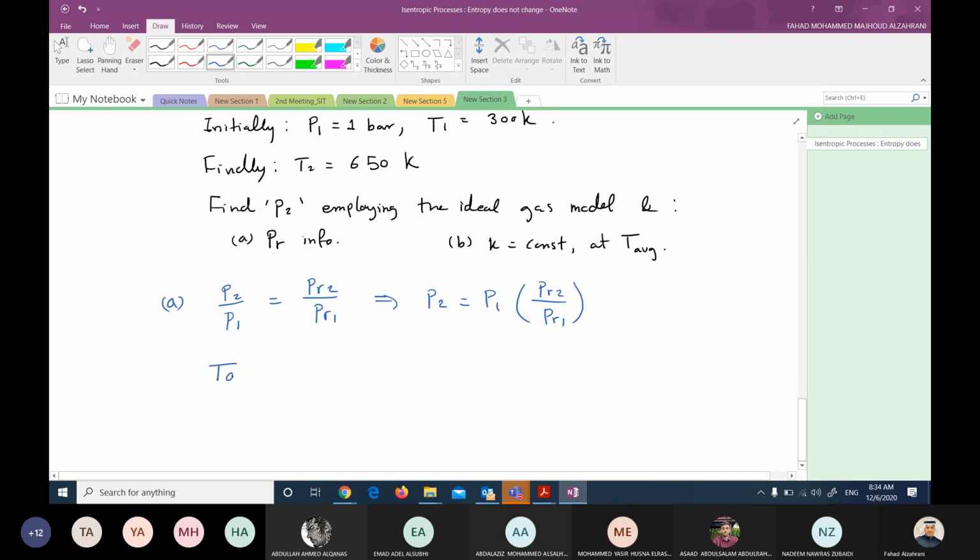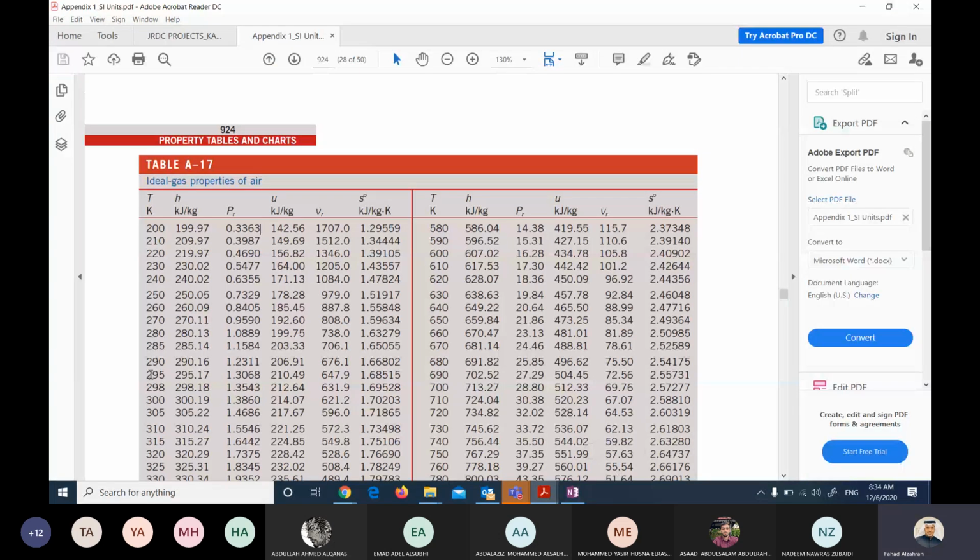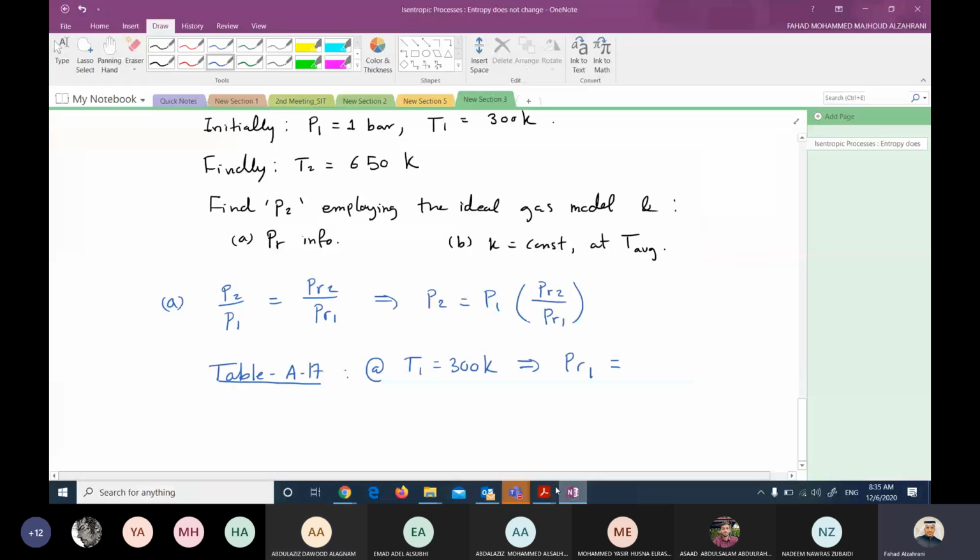So we go to table A17 at T1 equal 300 Kelvin. What is PR1? At 300 Kelvin, I have 1.386.